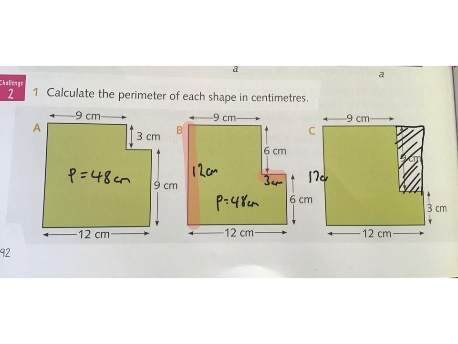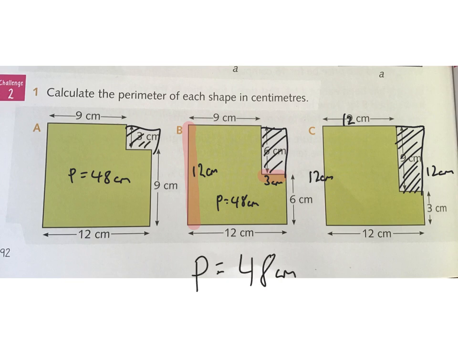All four sides of this shape would work out at 12 centimetres if you think about it, because this is 9 and 3, so this side would be 12. This opposite side here is 12, and we found out that that side was 12. So if you drag the corners out of each of these shapes, they're all a 12 by 12 square. And if the four sides are 12, then the perimeter will always be 48 centimetres. 12 plus 12 plus 12 plus 12, or 12 times 4.